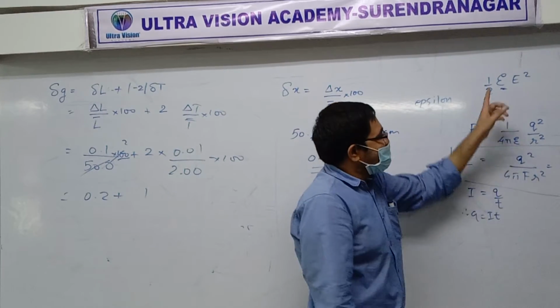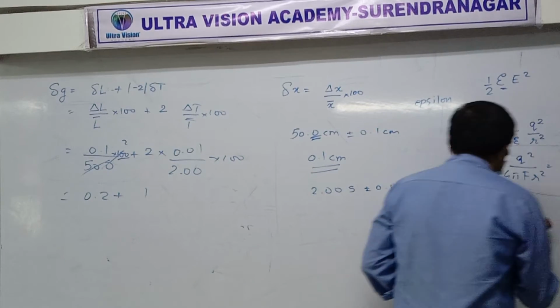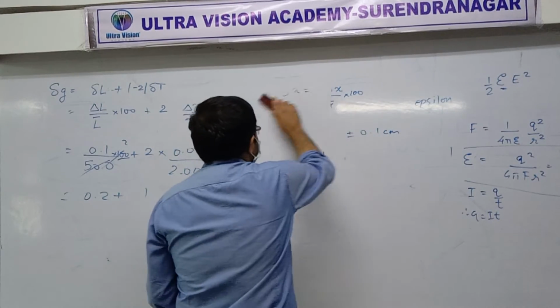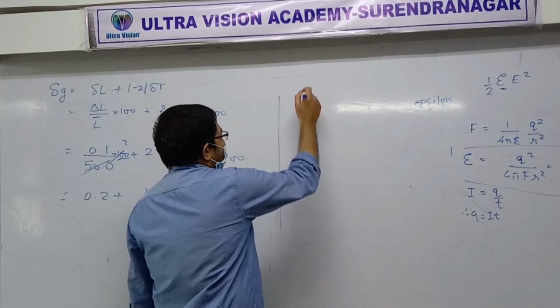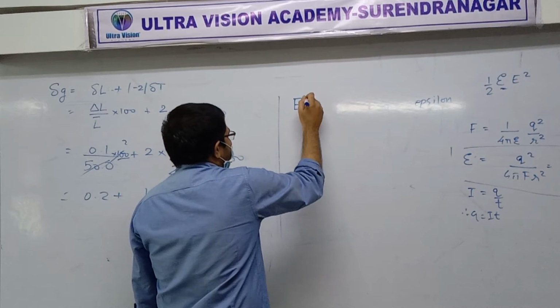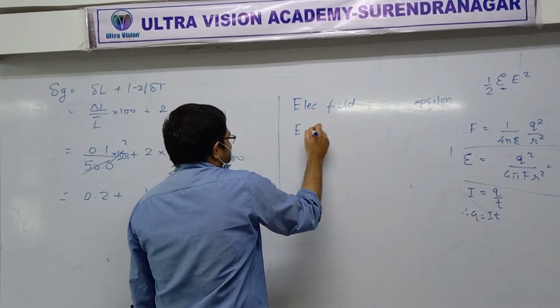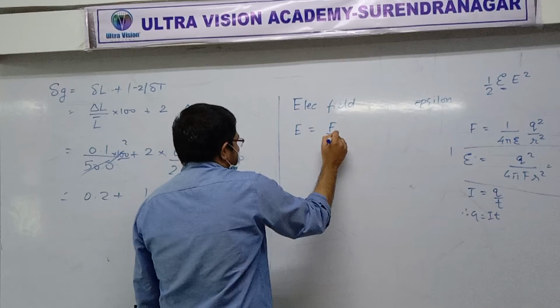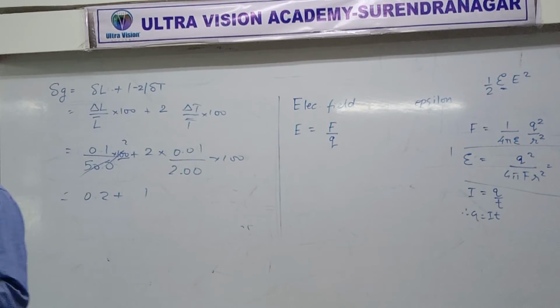Got it? Now E is actually called electric field. Just like I'm sure you have heard of magnetic field. Yes or no? Yes. Right? Magnets have magnetic field. Similarly, there's something called electric field. E is not energy. In this particular situation, E is electric field. The simplest formula of electric field is like this. Do you have to remember this formula? No need.